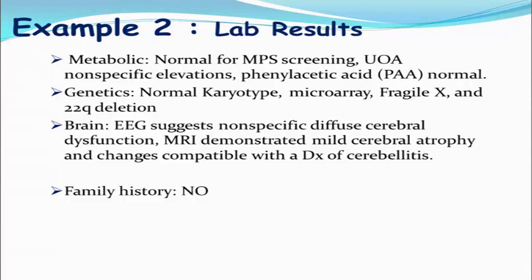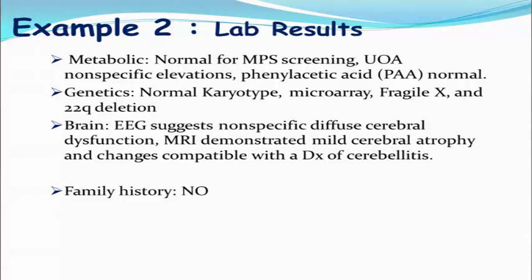And the laboratory testing showed a metabolic workup with normal mucopolysaccharidosis screening, urine organic acids with non-specific elevations, and PAA was normal. The patient has a normal karyotype, microarray, Fragile X testing, and 22q deletion testing was normal.